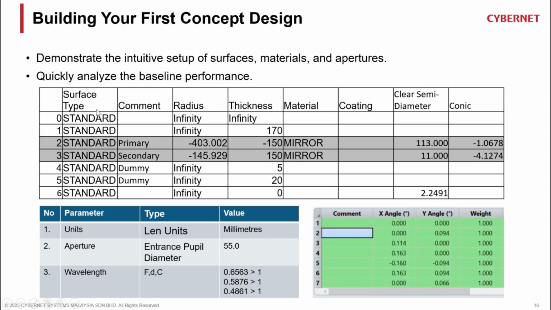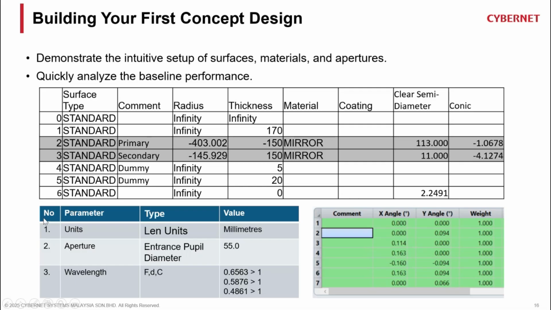For the surface type, we are using the standard spherical surface, and the comment is like a note about what the lens function is. Next are the radius and the thickness, which is the distance of the lens or the mirror. Here we set two mirrors for the primary and secondary surface, and we don't set any coating in the initial design. Behind here are the conic and the clear semi-diameter.